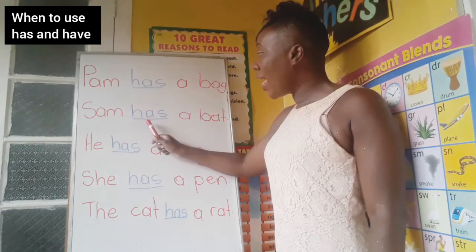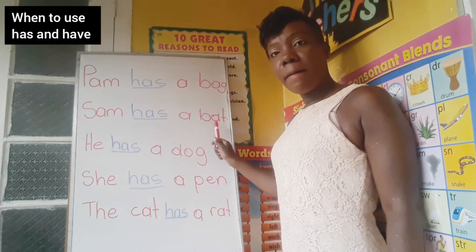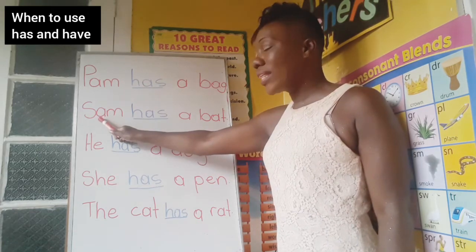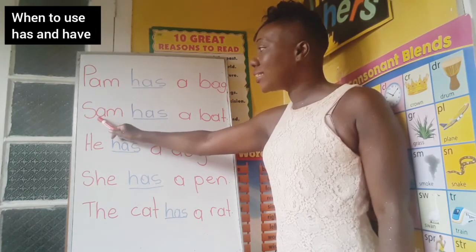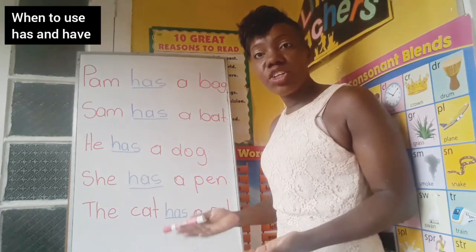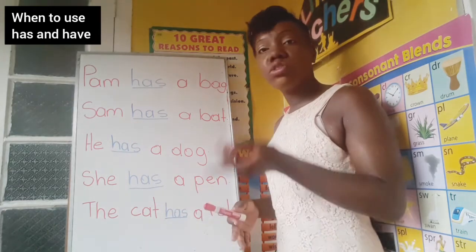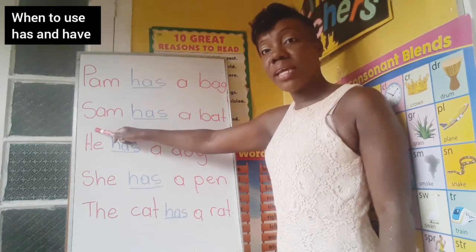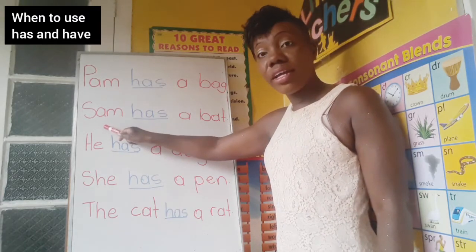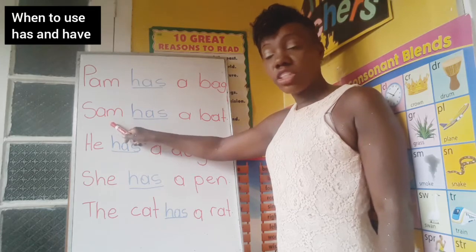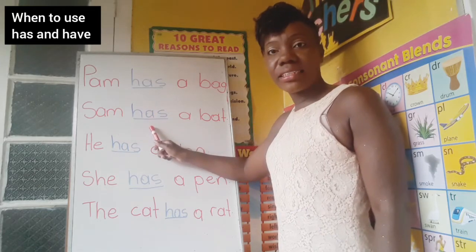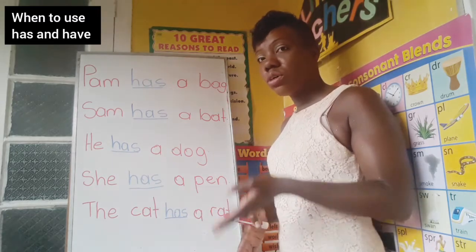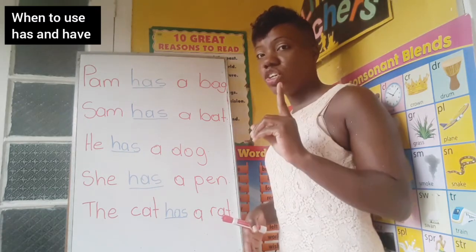Sam has a bat. And we use has again with Sam because Sam is singular. It's talking about one person. And here again we assume that it is maybe talking about a boy or a girl. So we use has with Sam because it's referring to one, which is singular.